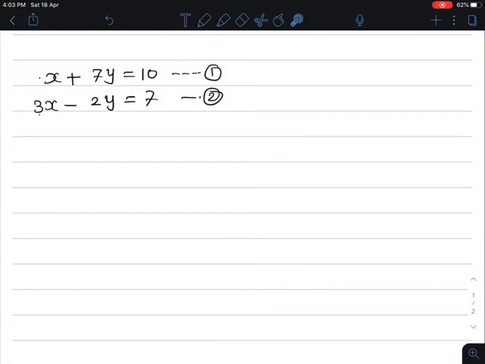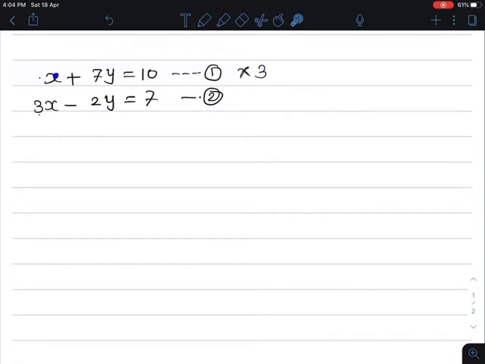So we'll multiply equation 1 by 3 so that the coefficient of x will become equal. You can equalize the coefficient of y also, but now I will equalize the coefficient of x. For that I will multiply equation 1 by 3. You have to multiply every term of this equation by 3.